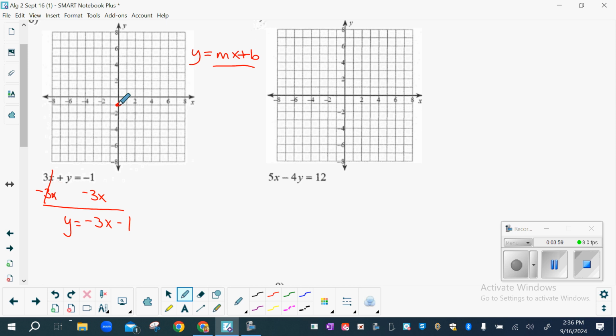Good. So we're going to use our slope of -3. And go from that point, go down 1, 2, 3, and then to the right 1. We could also go up 3, 1, 2, 3, and to the left 1. Either one will work, because either way, up 3 over -1 gives me -3, or -3 over 1 gives me -3. And then we draw a line using our ruler.